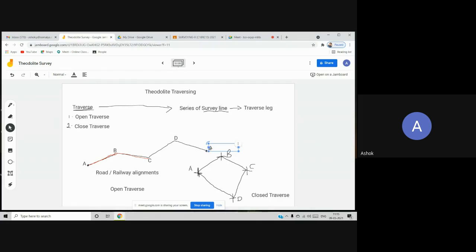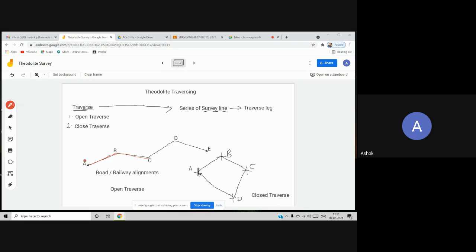Yes, they are called traverse legs. Similarly, in the closed traverse also AB, BC are the traverse legs.